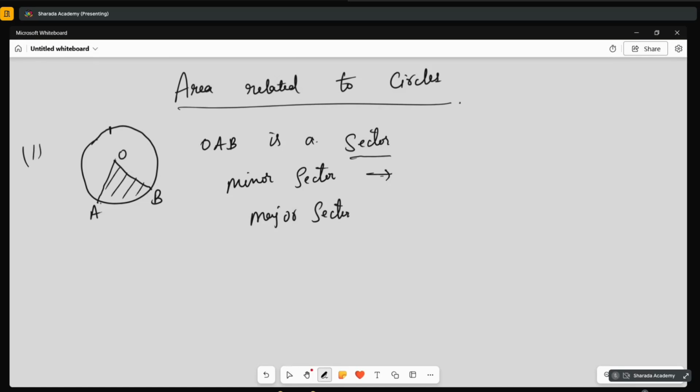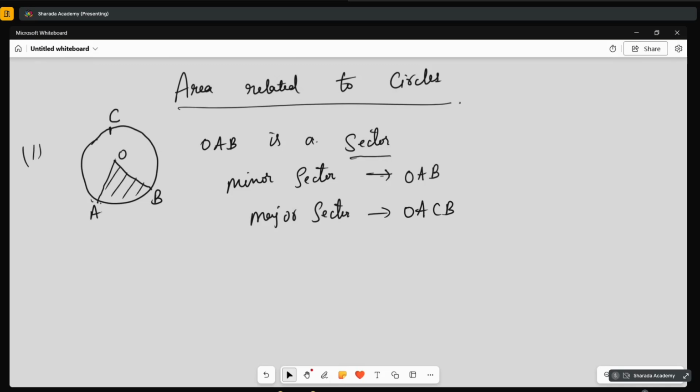So if I consider this point as C, now OAB is the minor sector. OACB is the major sector. Again, I repeat, in this chapter, area related to circles, we try to calculate the area.